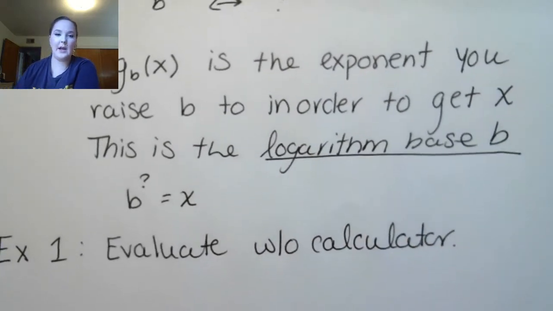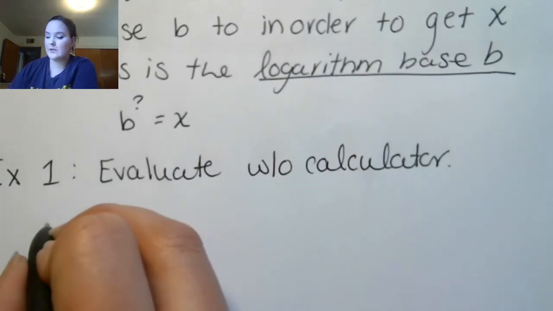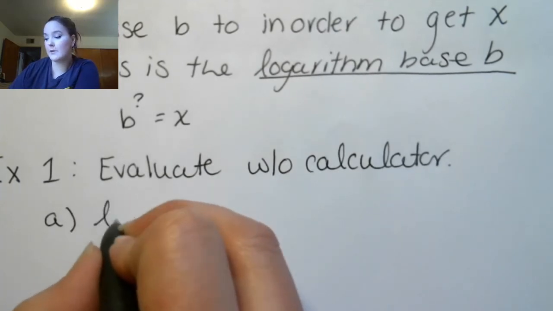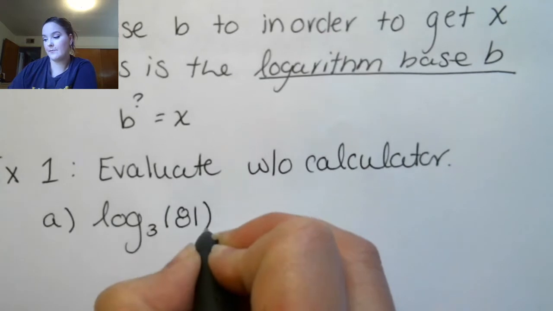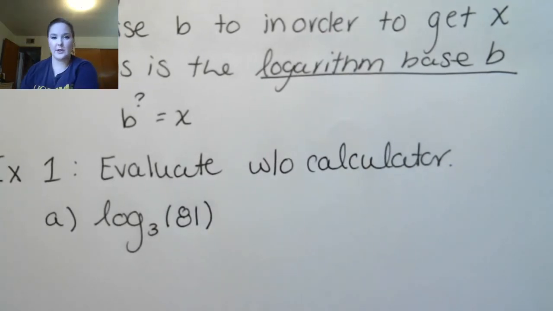Okay, and we're asking to evaluate without a calculator. So let's look at one example. All right, so when we're looking at this question, here's our base b. It's called a base in the logarithm, and it's also called the base in the exponent.